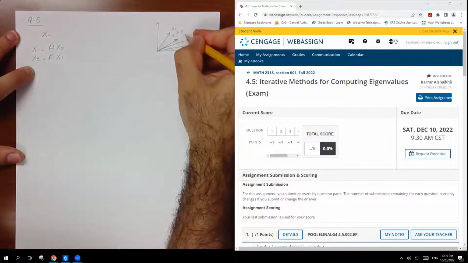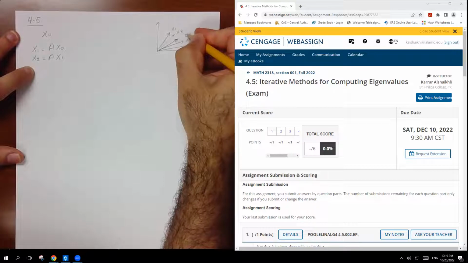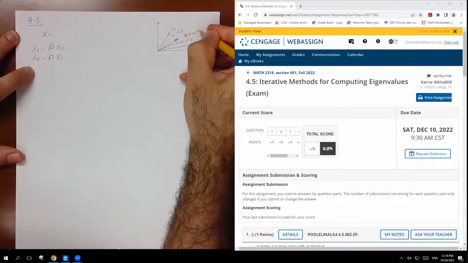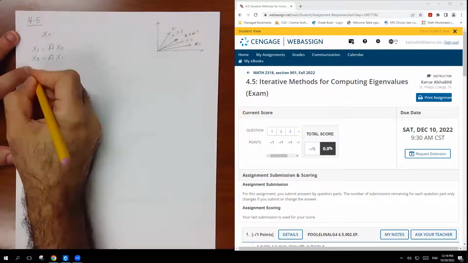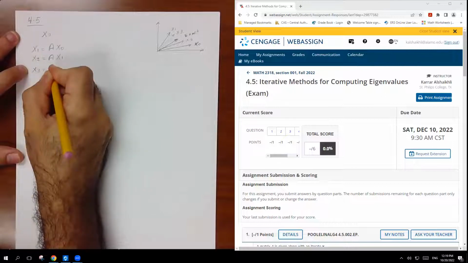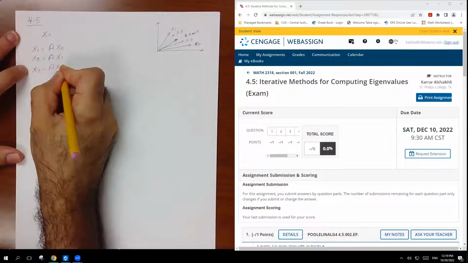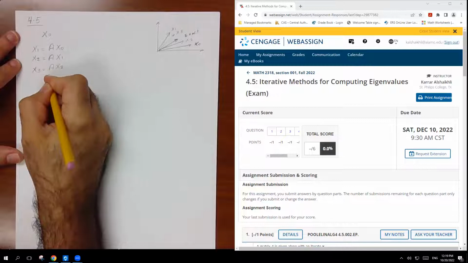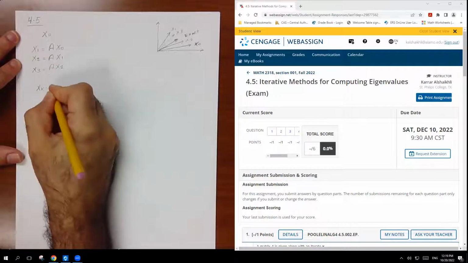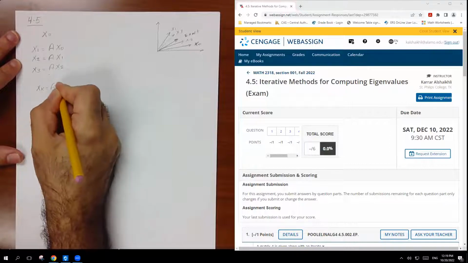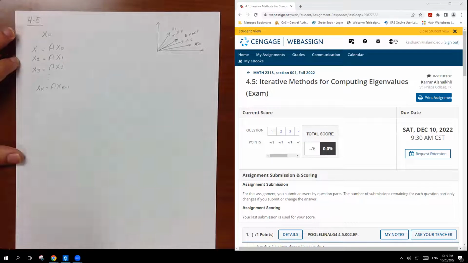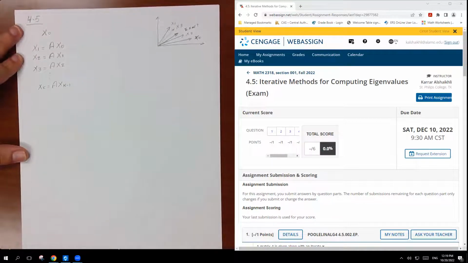This is the exact solution, and we're going to keep going. We find x3, which is equal to A times x2, and keep going until xk equals A xk minus 1. That's how it works.